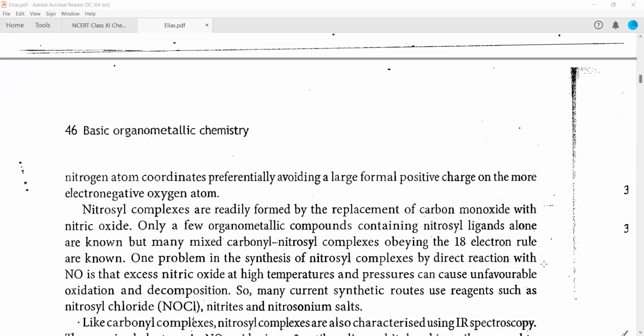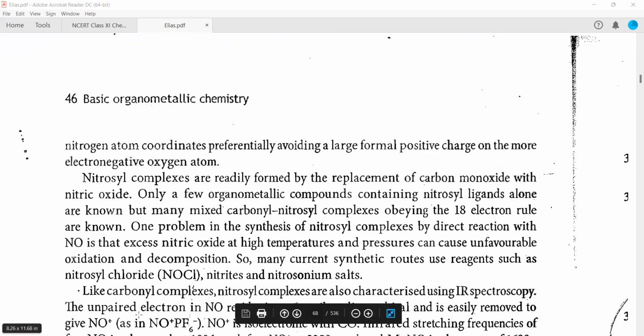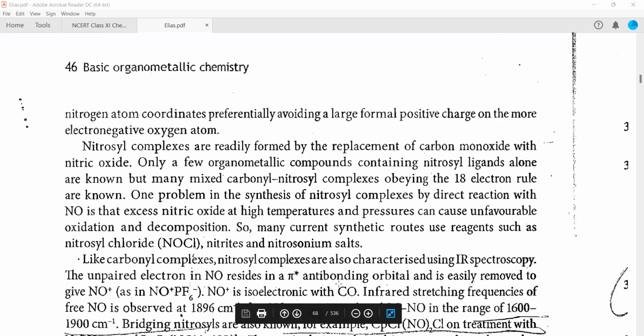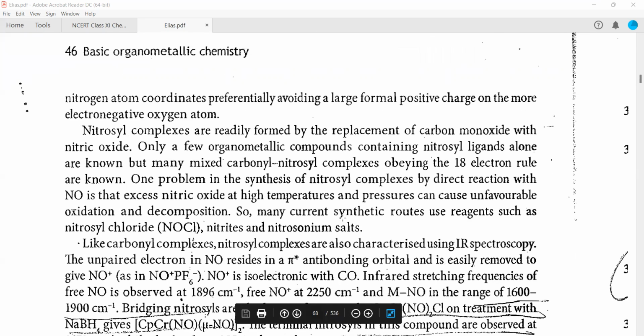So many current synthetic routes use reagents such as nitrosyl chloride, nitrites, and nitrosonium salts. All of these reagents are used nowadays to form the metal nitrosyl complexes, and nitric oxide itself is not used as a source of nitrosyl ligands.